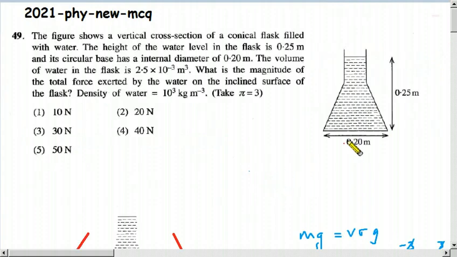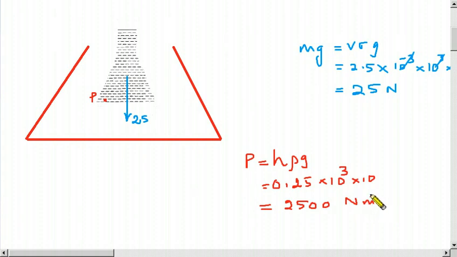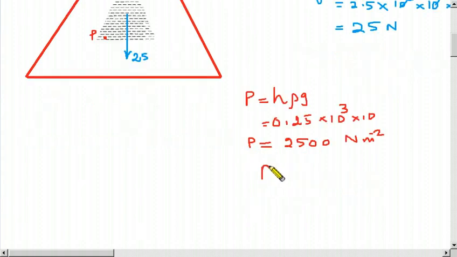H is given 0.25 meter. Density is given 10 power 3. G is 10. Then altogether 4 zeros, therefore 2500 Pascal or Newton per square meter. That is the pressure. Due to pressure, you know pressure equals F divided by A. So there is a force.